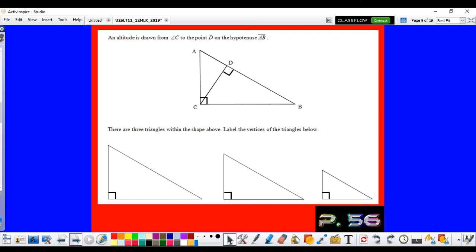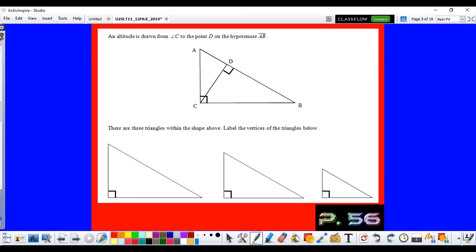So a couple of things I want you to think about. In a right triangle, and we've talked about this before, I'm going to go ahead and just label some things on my picture for you to see. But remember, we have a right angle on both sides, right? Because that's a linear pair. And in a right triangle, we know that the hypotenuse is directly across from the right angle.